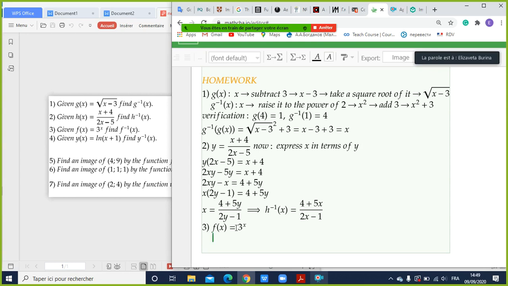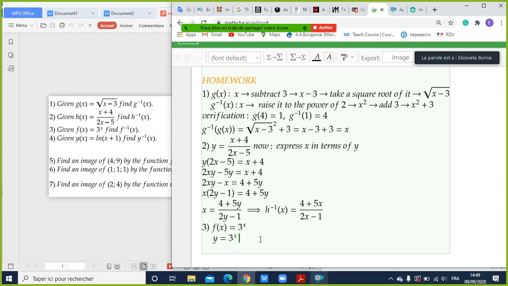If you master logarithms, you see what was done to x, and you can tell the answer straight. If you don't, it's okay. We say y equals 3 to the power of x.